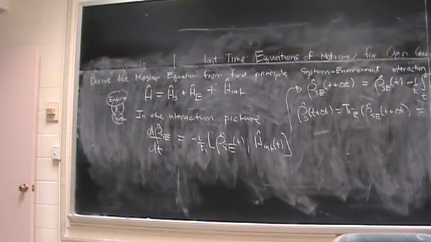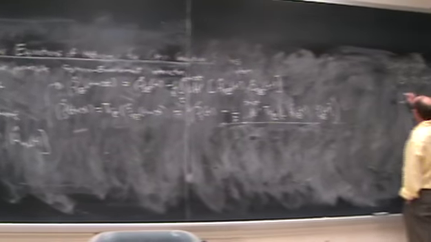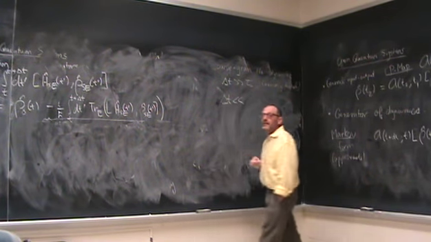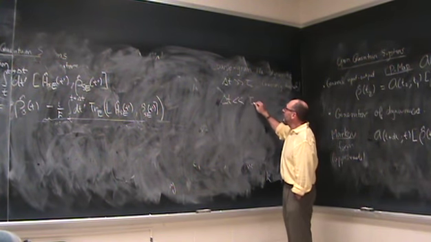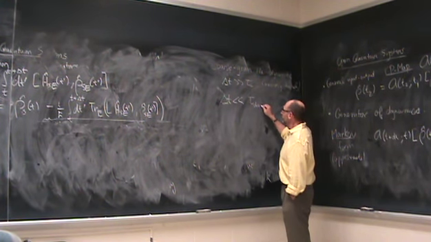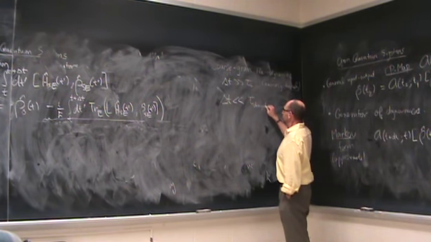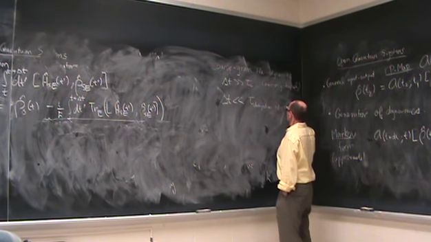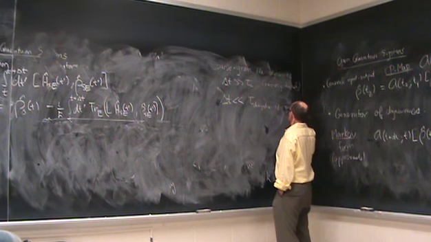This will be a useful approximation, a useful coarse graining, if and only if, at the same time, delta t is tiny compared to whatever the dissipative dynamics of the system.